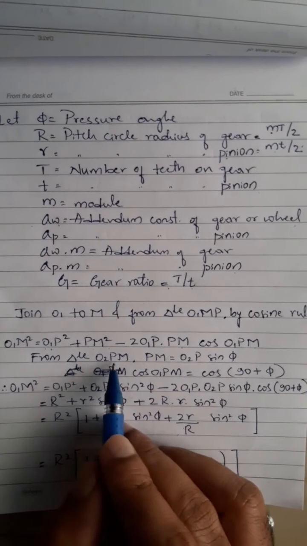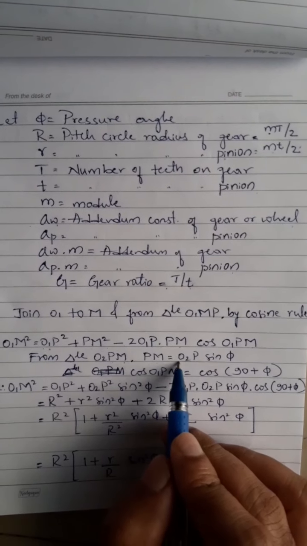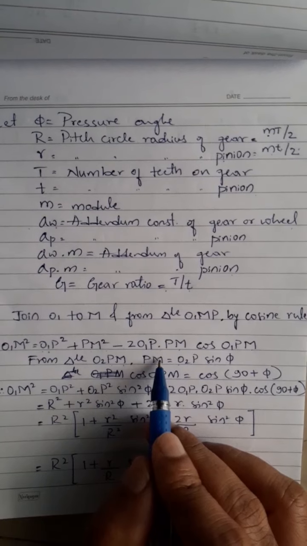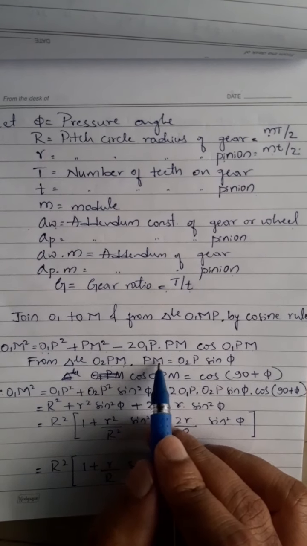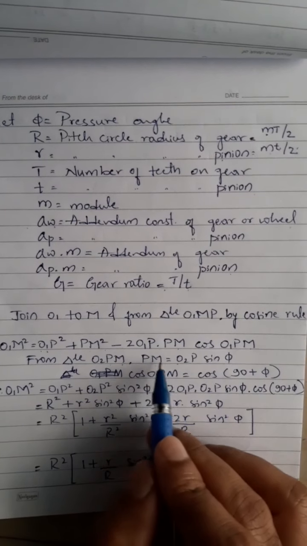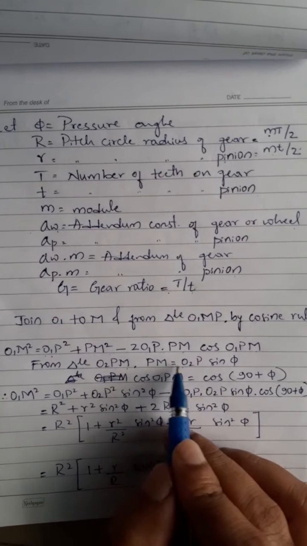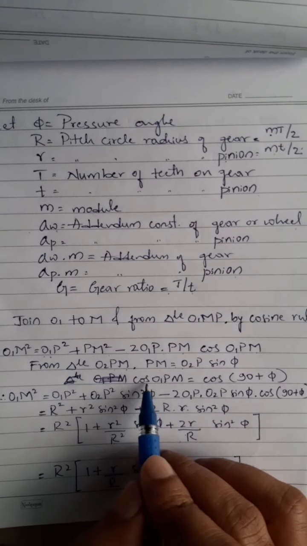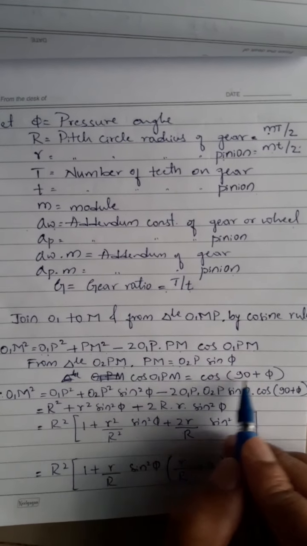From triangle O2PM, we have PM is equal to O2P divided by sin phi. That is, PM is the opposite side and O2P is the hypotenuse, so opposite divided by hypotenuse will give sin phi. So writing the equation for PM, we can write PM is equal to O2P into sin phi. And for cos O1PM, we have cos of 90 plus phi.